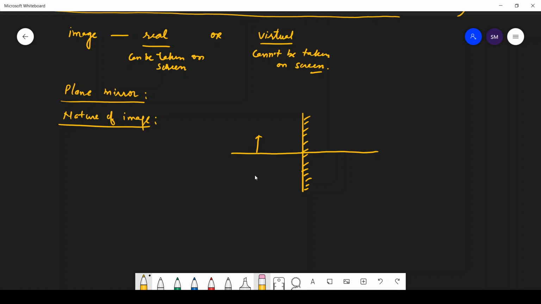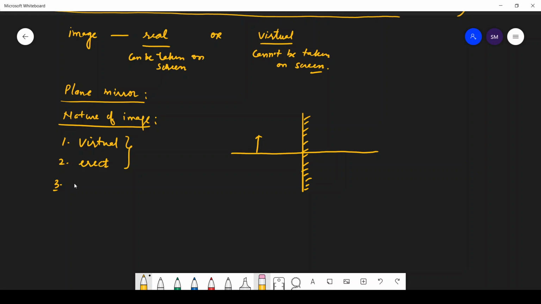So what kind of image will I get by the plane mirror? Virtual and erect. Okay, so the image will be virtual, the image will be erect. So the images which are virtual, they are erect, and the images which are real, they are inverted. Then behind the mirror. Same size as the object.